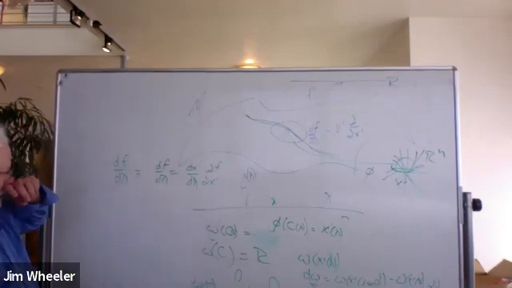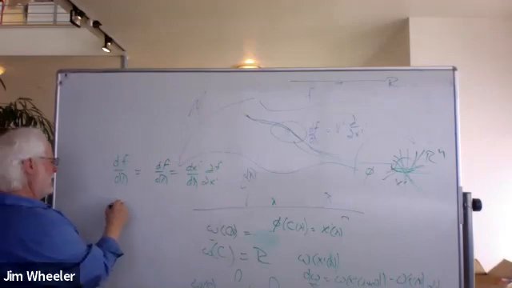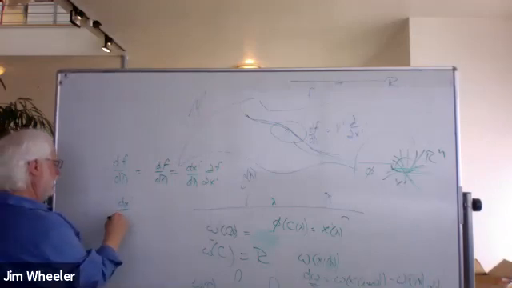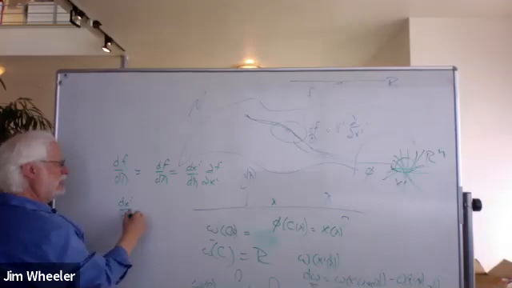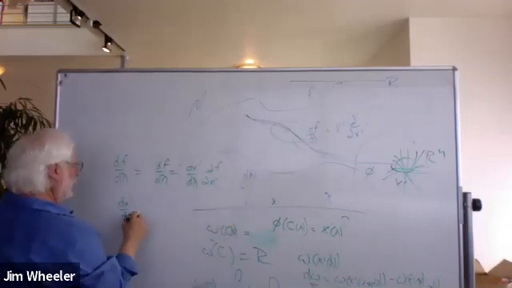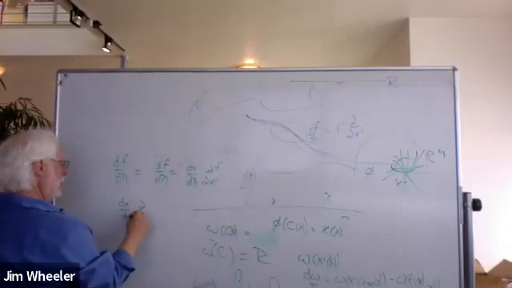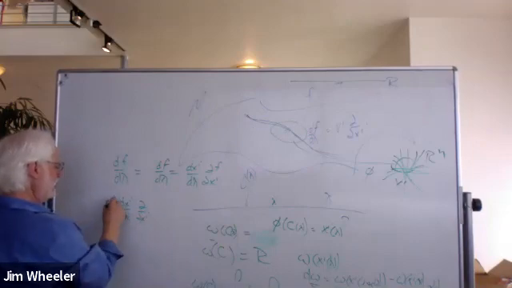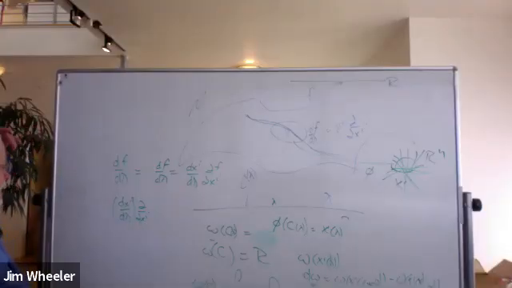But the function I'm acting on doesn't matter so much as the fact that the change in my chart as I change lambda gives me the components of a tangent vector. Sure. Yep.